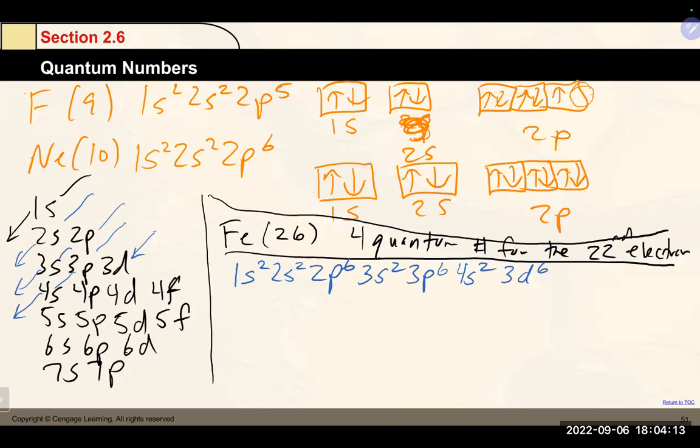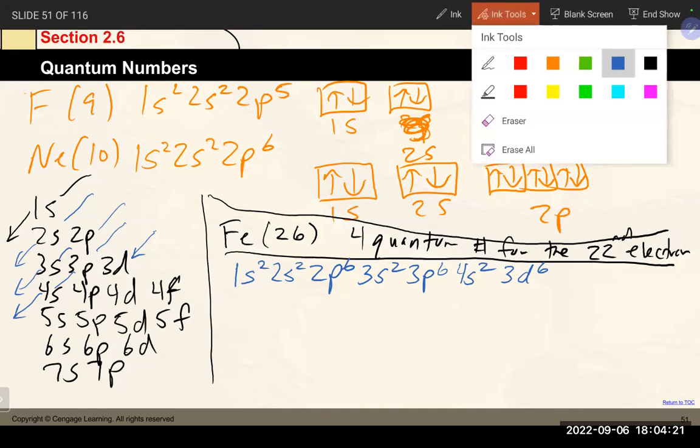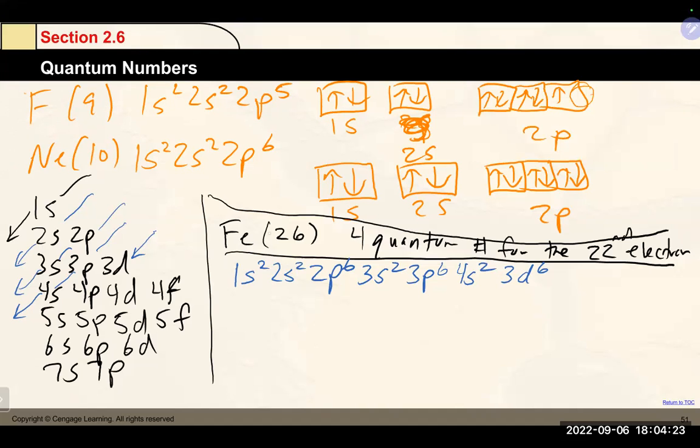Now, when we look at this, we are looking for the 22nd electron. So if we just count up the top here, we can see where the 22nd electron is. That is 2, 4, 10, 12, 18, 20. That means that our 22nd electron is actually hanging out in the d orbitals in this case.